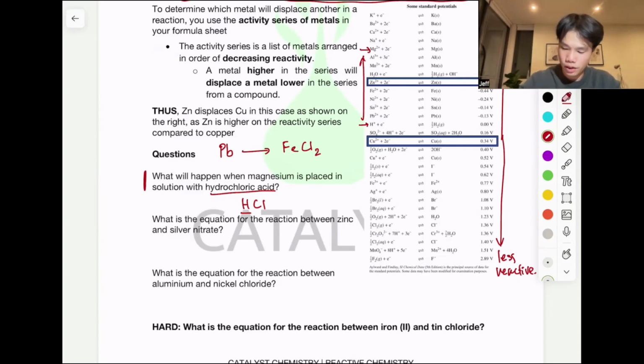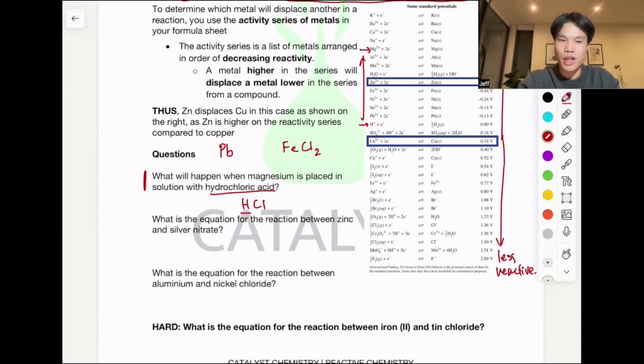Displace or not displace? Pb into FeCl2, does it displace or does it not displace? Okay, so the answer is no.